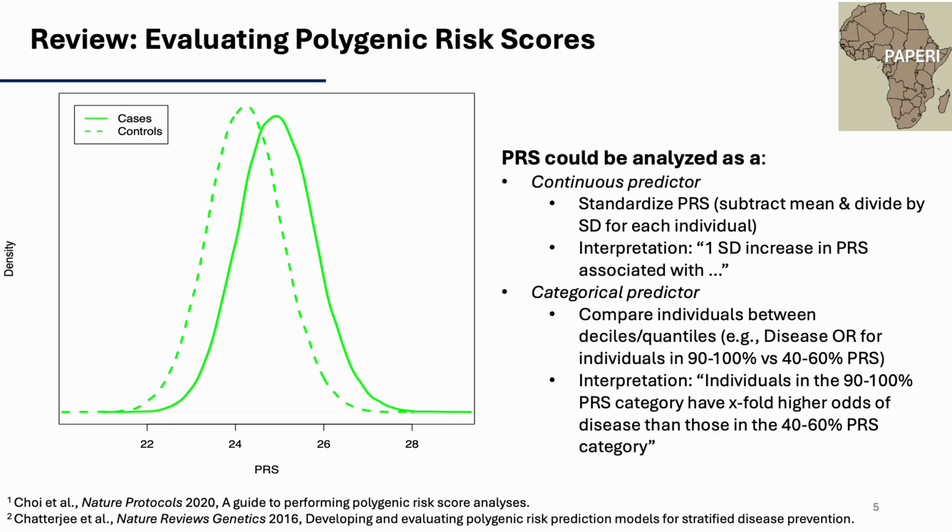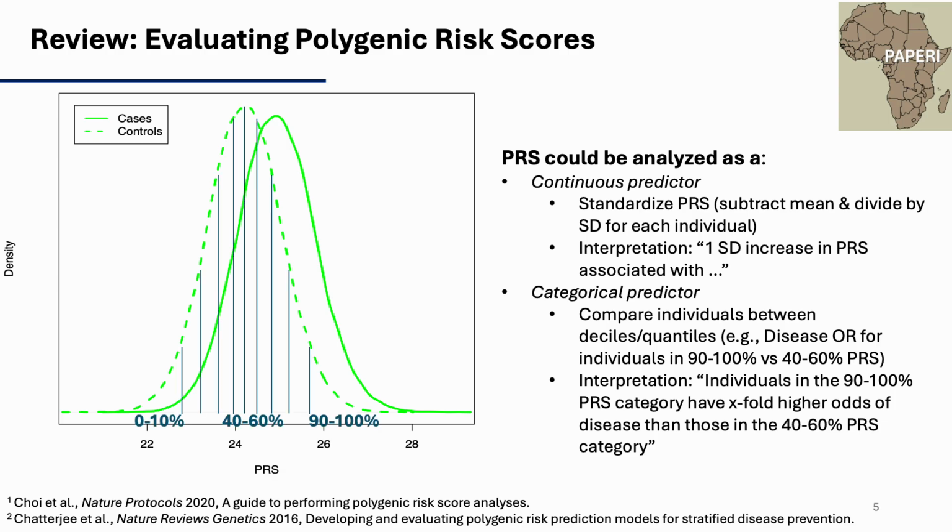Another way that we like to evaluate polygenic risk scores is as a categorical predictor. So the way that we do this is to stratify all of our participants into PRS categories. So here I'm showing that we stratified our participants into PRS deciles. Those decile cutoffs are determined by the PRS distribution in controls.